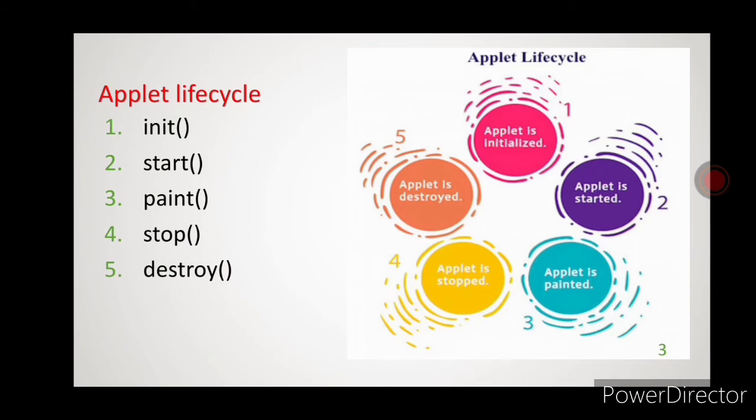Next step is destroying of an applet. When we call the destroy method, it will remove the applet from the memory space entirely. Then the applet no longer exists in that memory space. Okay, it will completely destroy the applet.